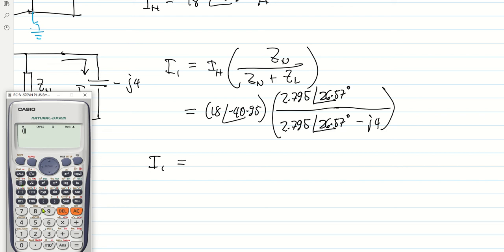So we have 18 angle negative 40.95, then we multiply it with the divider. In the numerator, we have 2.795 angle 26.57, and at the denominator, we have 2.795 angle 26.57, then we subtract J4.